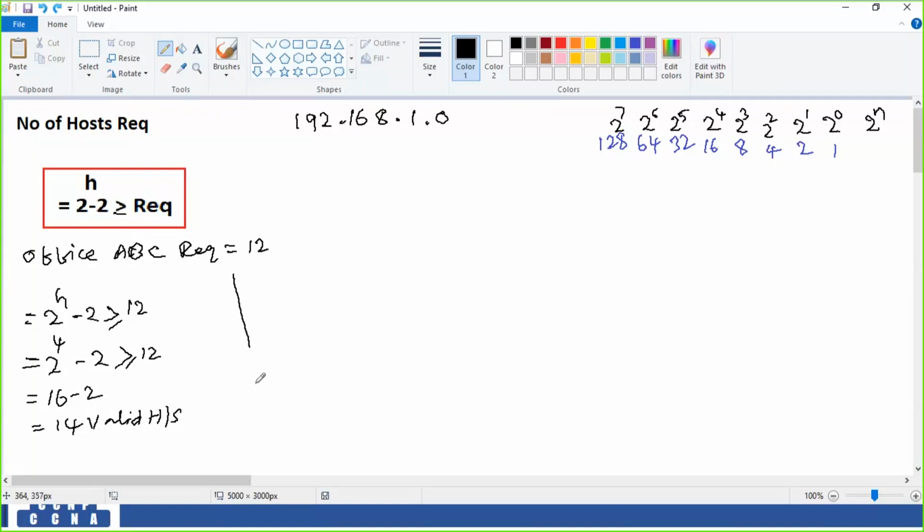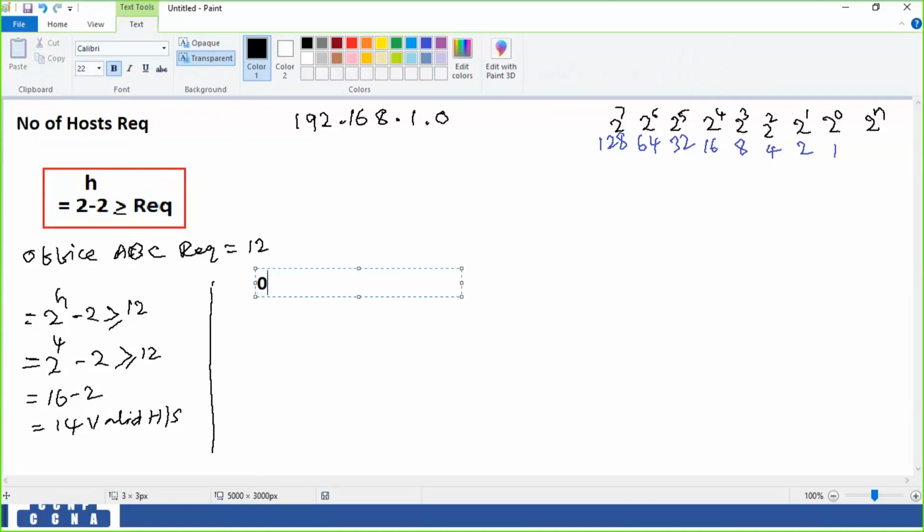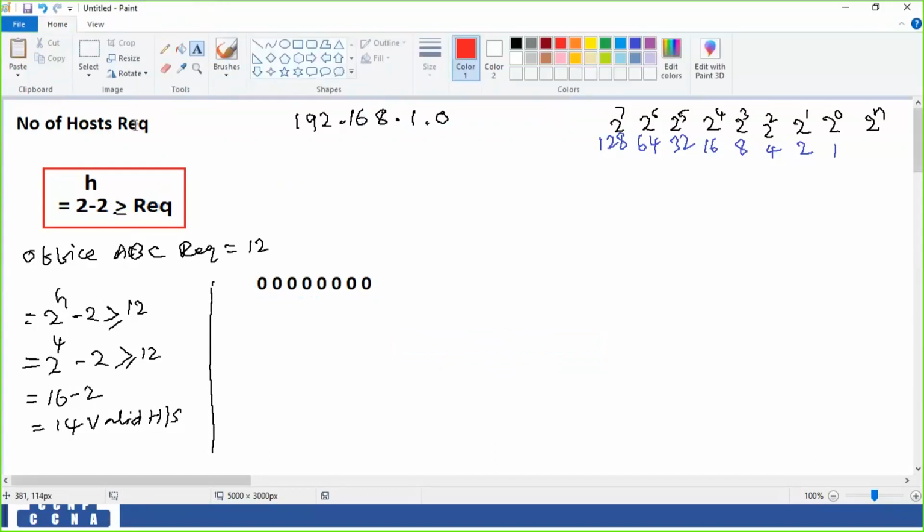Done. Subnet mask: the default subnet mask will be 255.255.255.0. In host calculation, for the number of host bits, we need to convert host bits and network bits, depending upon the power value.